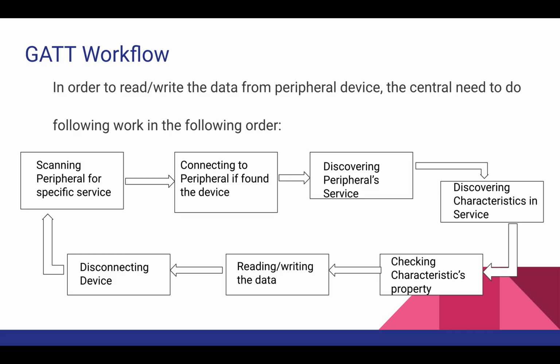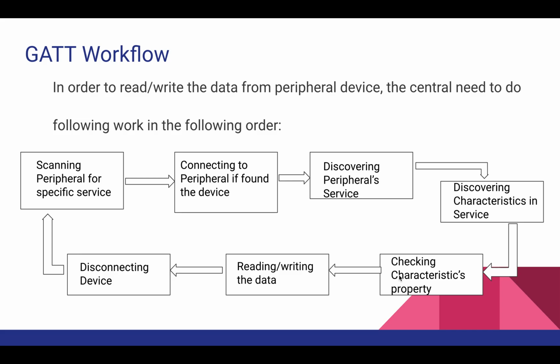Since within a service there may be more than one characteristic, in order to access the data, we need to discover all characteristics which have the same UUID for which the central is looking. And when we found that particular characteristic, then we need to check that characteristic property.